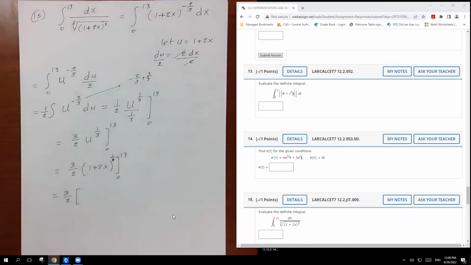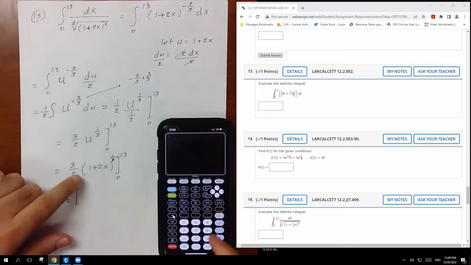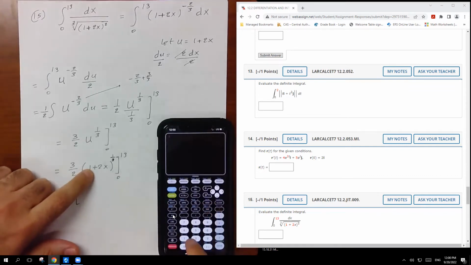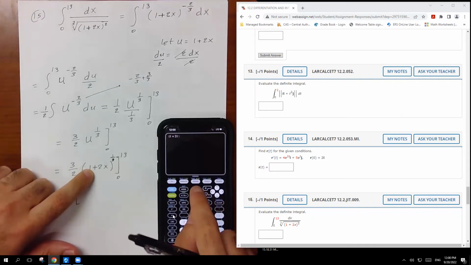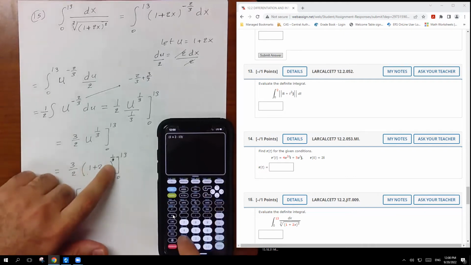Let's check if this calculator is working. So if you plug in 13 here, that means it's going to be 1 plus 2 times 13, close the parentheses, to the power 1/3.